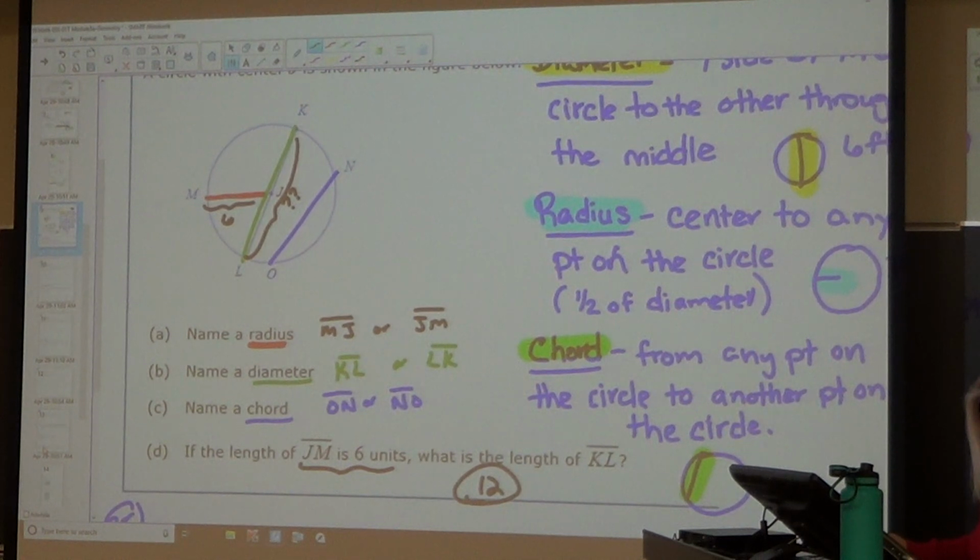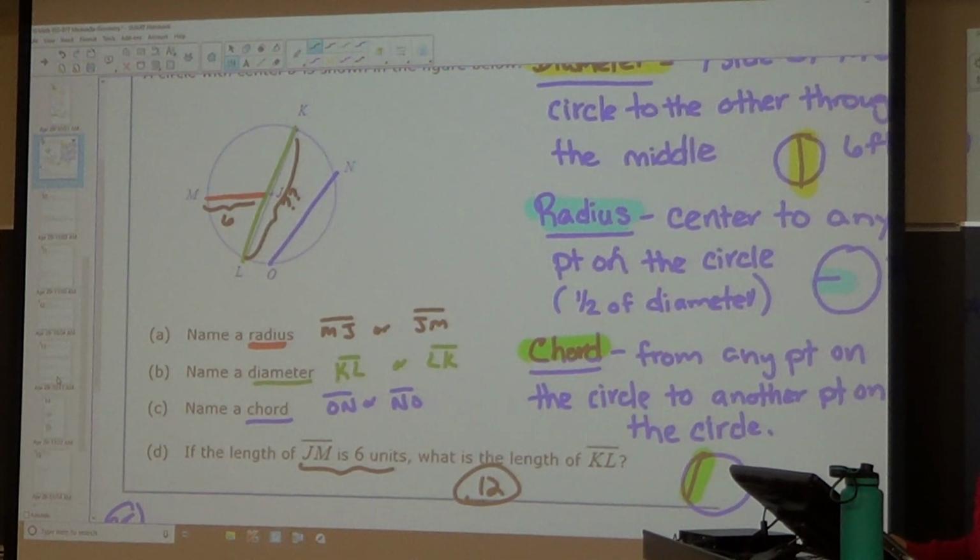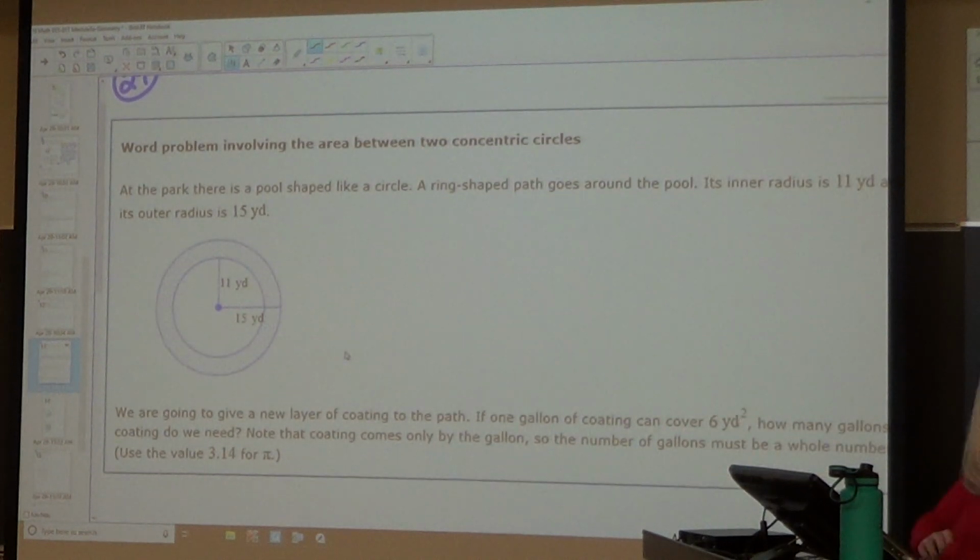Alright. I want to show you this next one. I'm going to skip to another one because this one gives people a fit. And it's very similar to one that we've just done. Right here. Has anybody done this one yet? No. This is just like this one almost. Where you see two shapes.